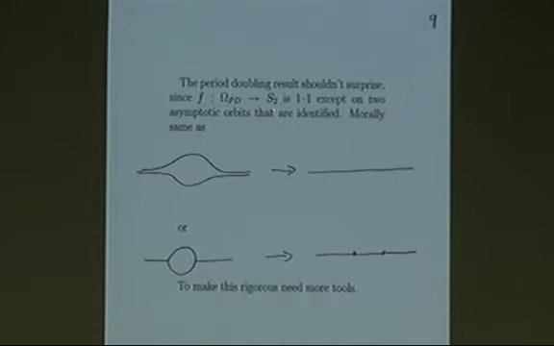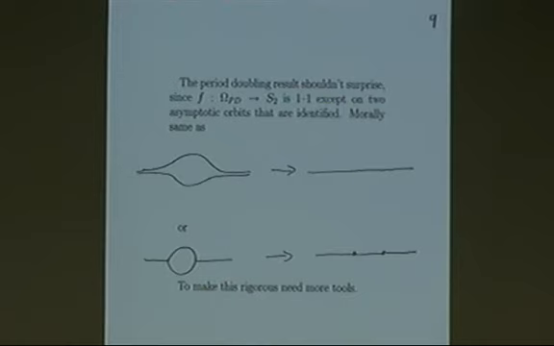If you take the period doubling space and you take two asymptotic orbits, you know, the period doubling sequence you can get by saying every other letter has to be an A. Then of what remains, every other letter has to be a B. Then of what remains, every other letter has to be an A. Then of what remains, every other letter has to be a B. You could do this and wind up with one hole in the middle after you're all done that can be either an A or a B.